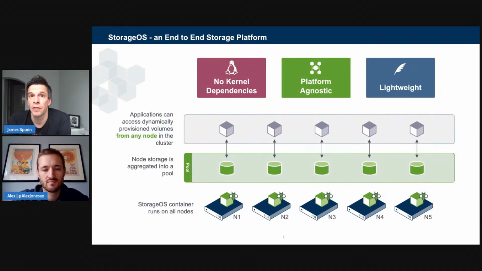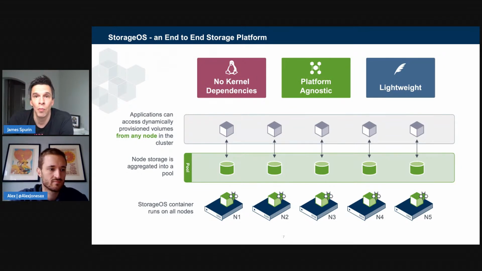I mentioned this briefly, but to elaborate a bit further, StorageOS has no kernel dependencies. So as long as your Linux distribution is using a modern kernel, which it will be if you're using Kubernetes, then StorageOS will work.